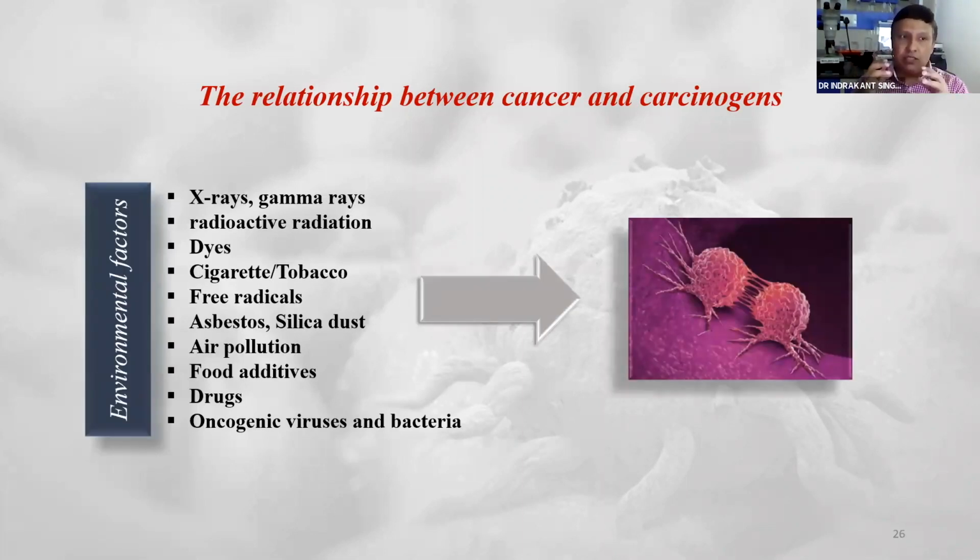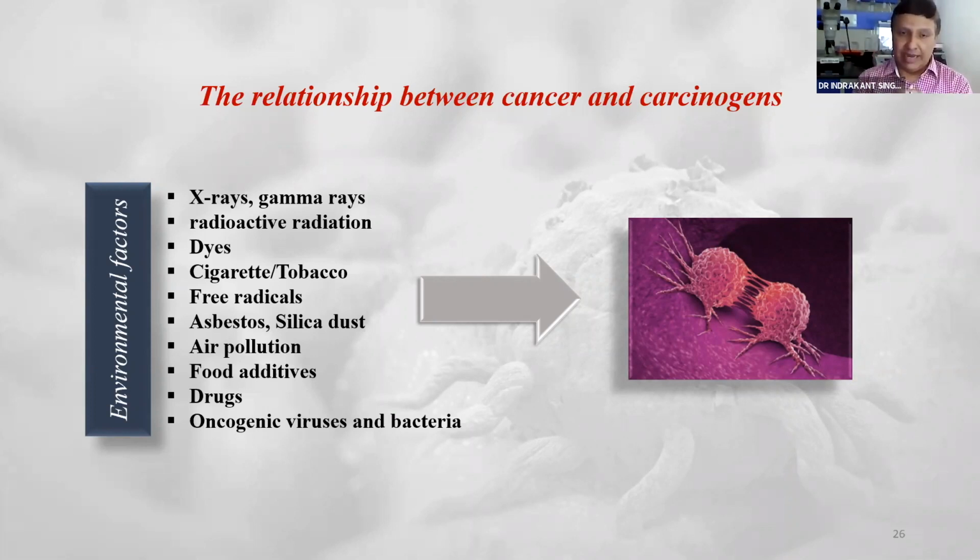Now, the relationship between cancer and carcinogens. You are all aware of the environmental factors such as X-rays, gamma rays, radiation emitted from radioactive materials, aniline type of dyes which we are using in our research laboratory, cigarette, free radicals, asbestos, silica dust, air pollutants, food additives. Nowadays, even in our country, we have started preferring packed food.